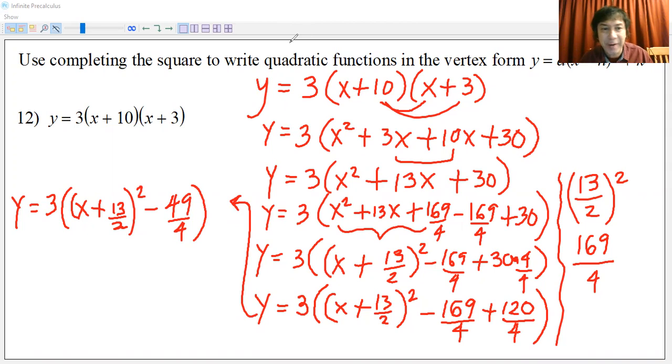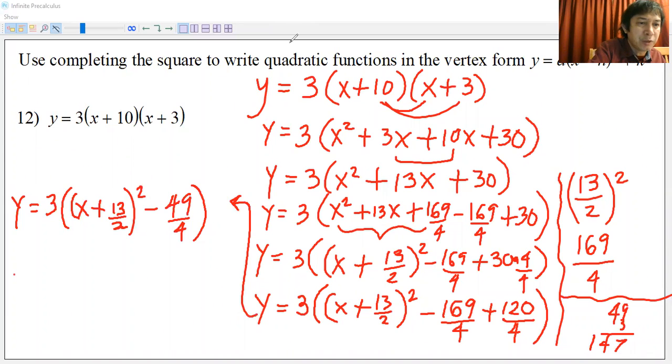back inside. And so we're going to have here the product of 49 and 3. That will be 49 times 3, 27, carry 2, 12, 14, 147. Yes, 147 over 4.